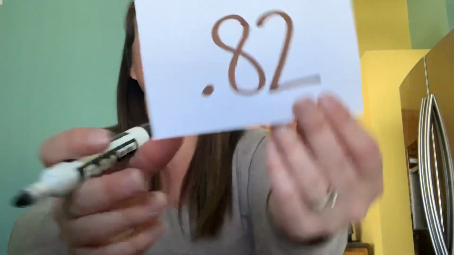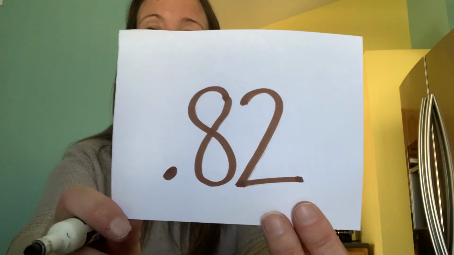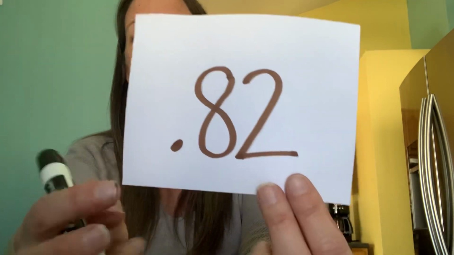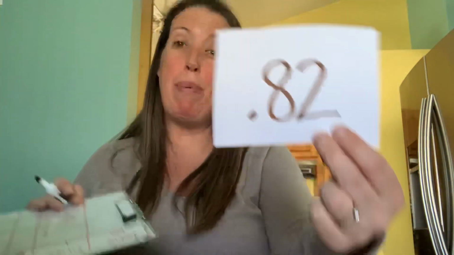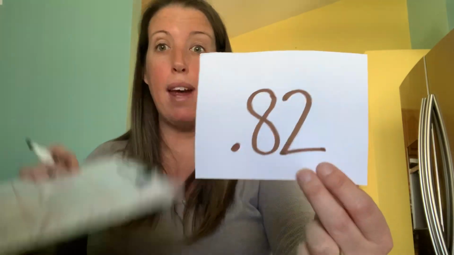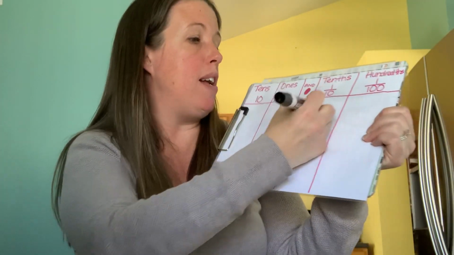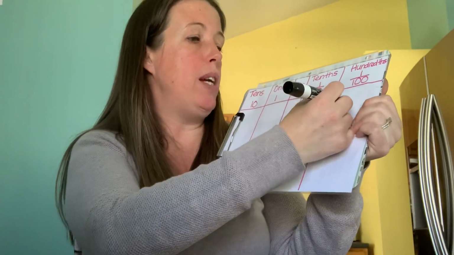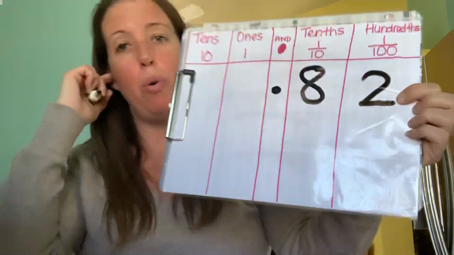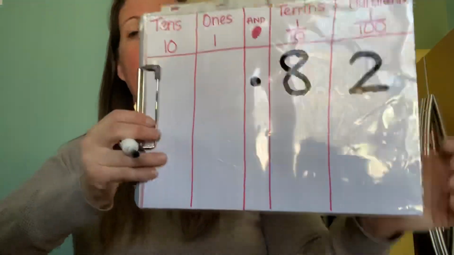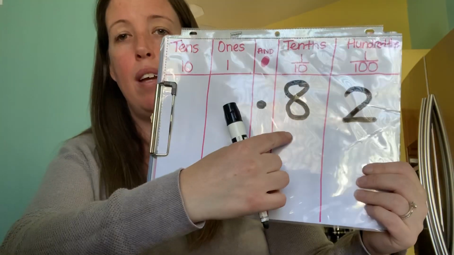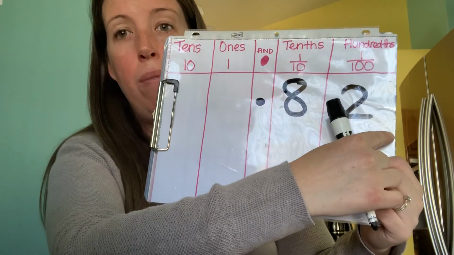How do I read this number? When you read it, it tells you how to write it. Maybe you're not sure how to read this. That's okay. Fill it in here. I could just say, oh, I see decimal point 82, so fill that in. Now, how do I read this? 82.